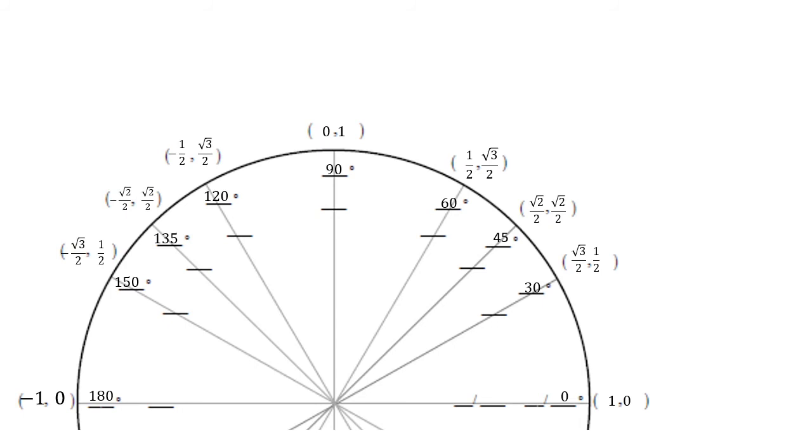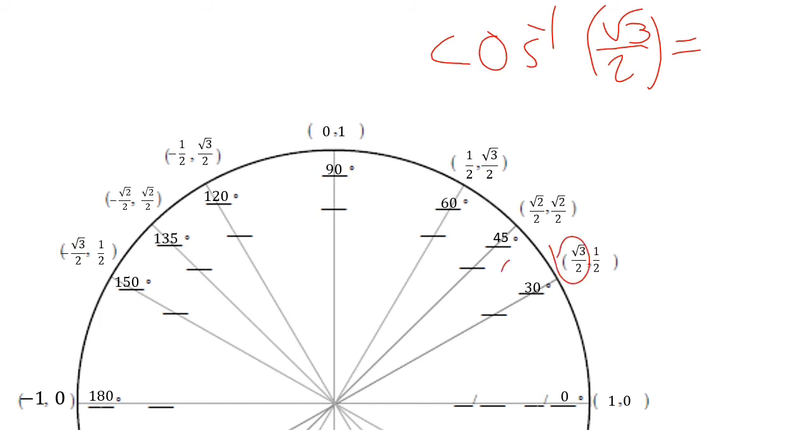So let's use the same example again. If I was to take arc cosine of √3/2, I would look for √3/2 as an x coordinate and get the matching angle, which would be 30 degrees.